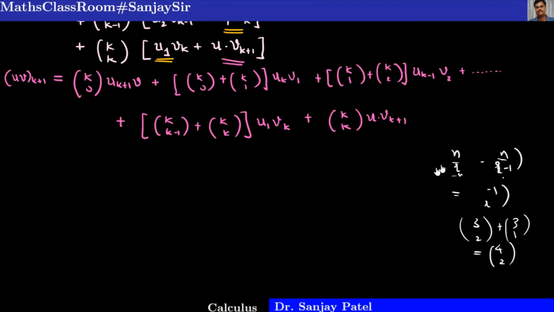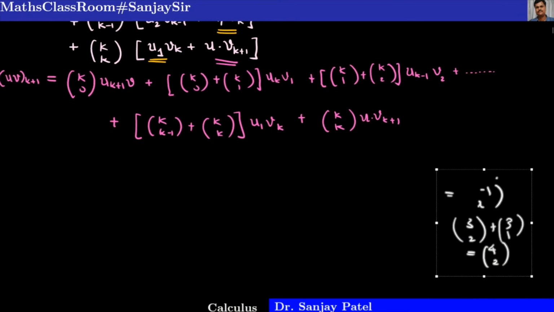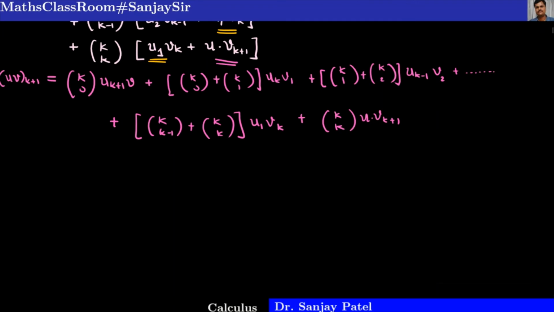So let me remove this first. We can write this as kC0 into u^(k+1) into v. This I am keeping as it is.